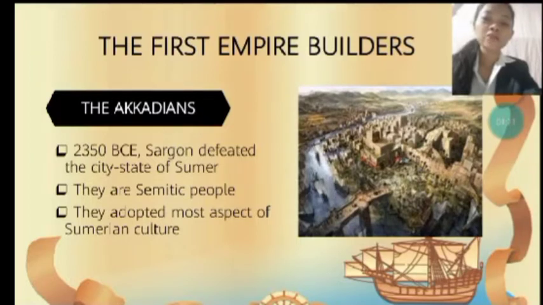The Akkadians were Semitic people, that is, a group of people who spoke a language related to that of Hebrew and Arabic. The Akkadians adopted most aspects of Sumerian culture.